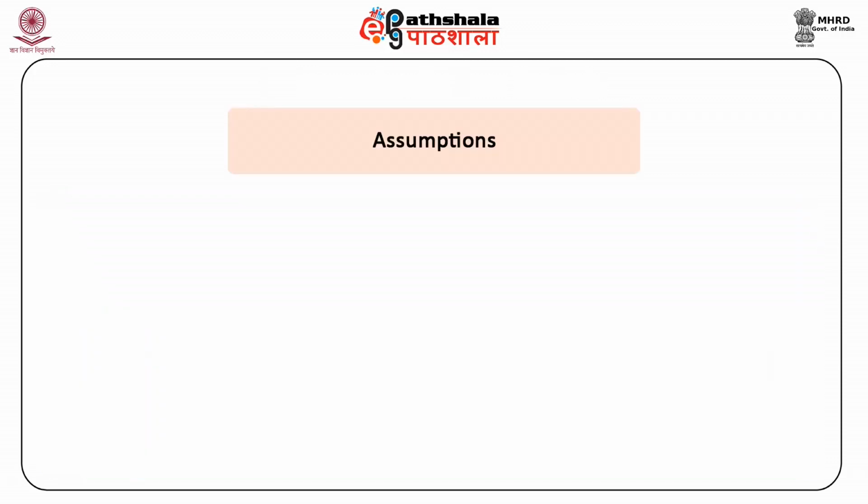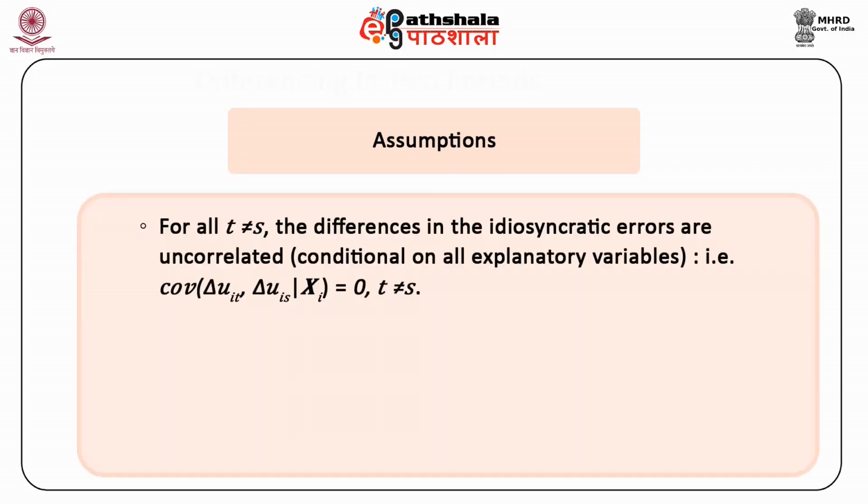Our sixth assumption is that for all t not equal to s, the differences in the idiosyncratic errors are uncorrelated, conditional on all explanatory variables.